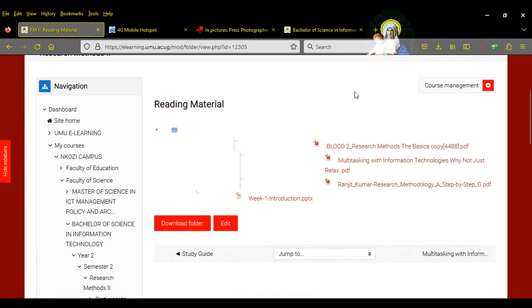Please read them. Also, there's an article here called Multitasking with Information Technologies: Why Not Just Relax? Please read that article. It's a published research article in the field of computer science and IT.